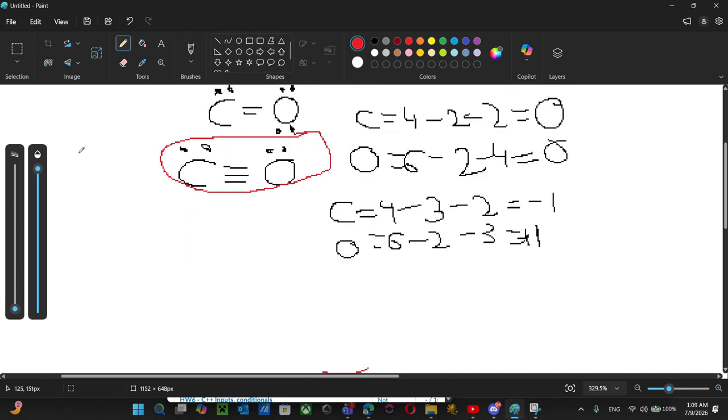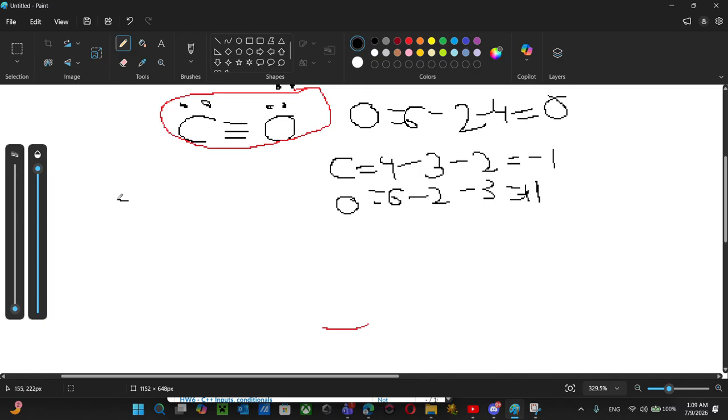Now we have to find the orbitals. That is the funny part. So let's just redraw this for a second. C, 2 points, 2 points.